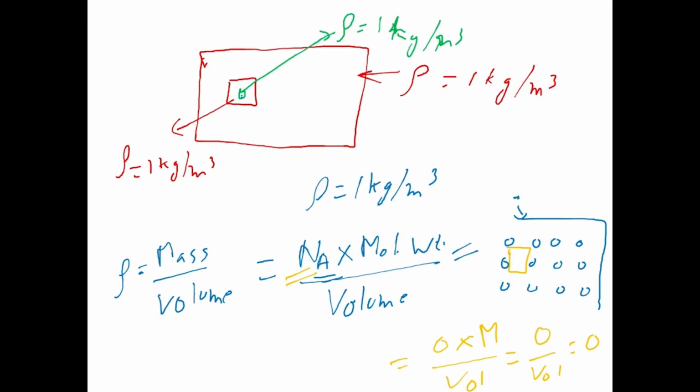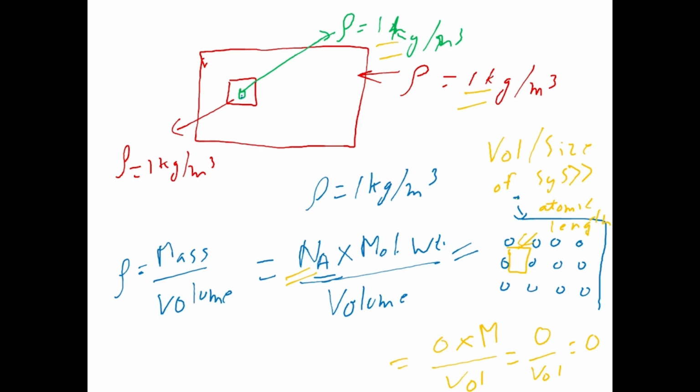So this continuum assumption that you're making, of the density always being 1 kilogram per meter cube, is an assumption, and it is only valid when the system size, the volume or size of the system that you're considering, is much bigger than atomic scales or atomic lengths.